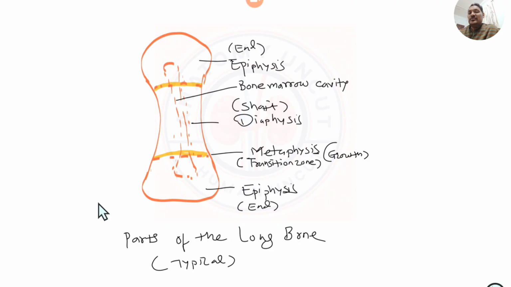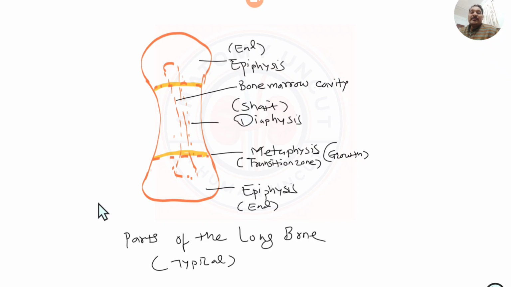Too many things are associated with the bone. That is why this chapter particularly becomes important. I am only going to talk about a few basic things about the bones, not the complete chapter, not possible here. Maybe you can refer to the other videos if you are really interested to learn about the bone, or you can demand a separate video if you want it.